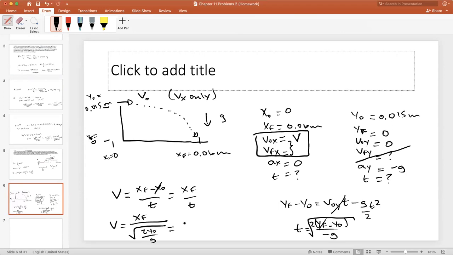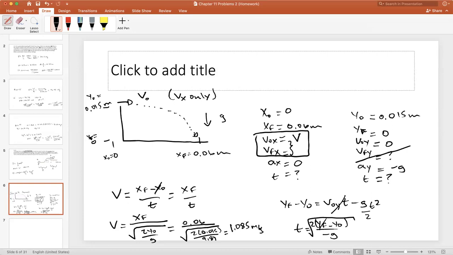If I solve this for a number, I get 0.06 over the square root of 2 times 0.015 over 9.81, which is the square root of 0.03 divided by 9.81, and then 0.06 divided by that answer is 1.084 or 1.085 meters per second.